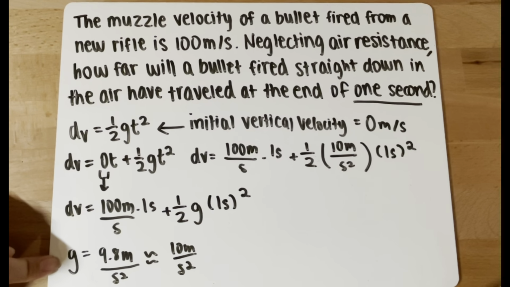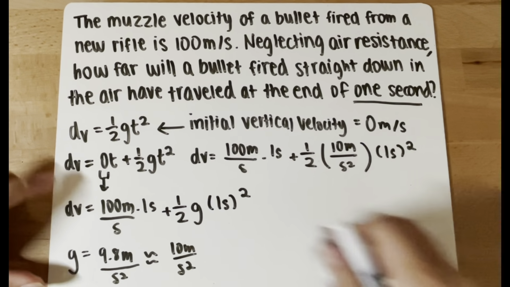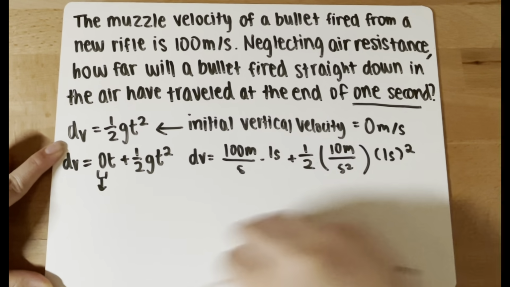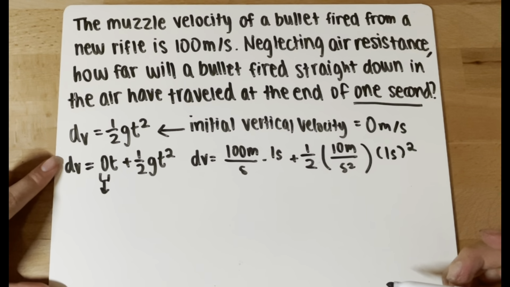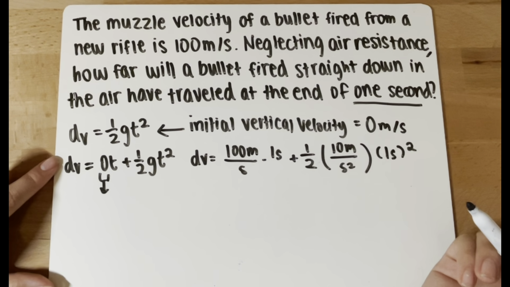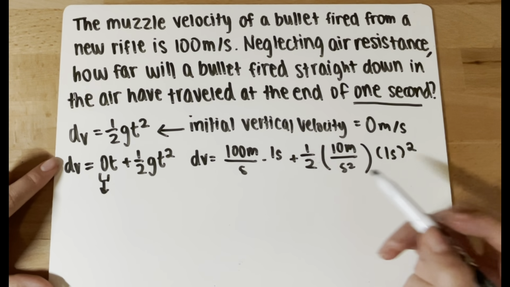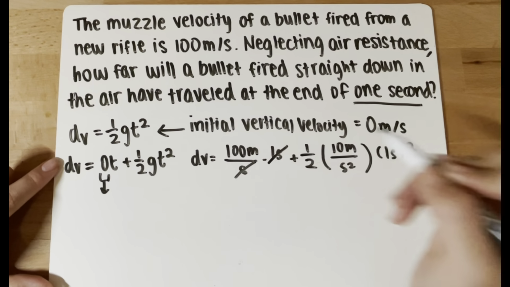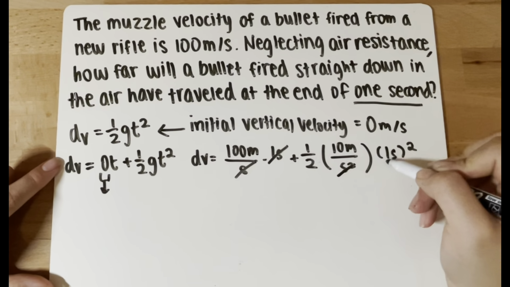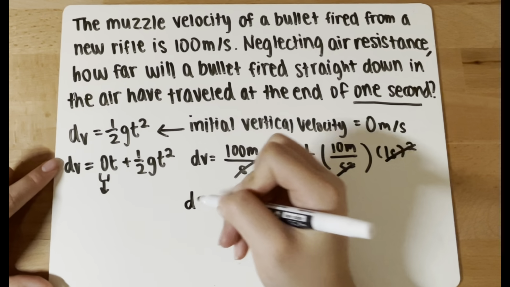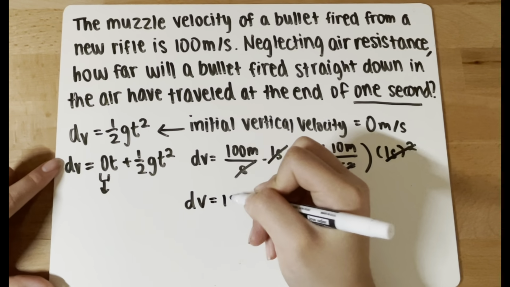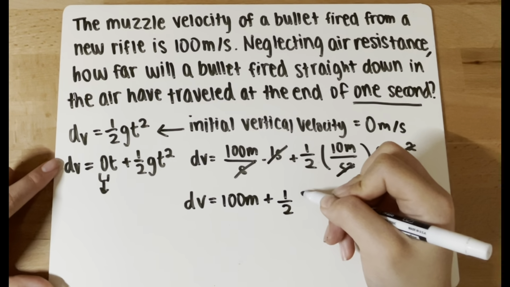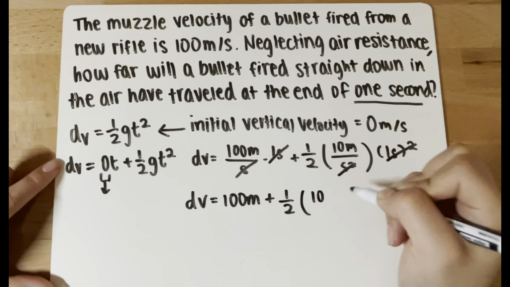And now, all we need to do left to find the distance is to solve for dv. So with this, we can cross off 1 second, cross out second squared, and now we are left with dv equals 100 meters plus 1/2 times 10 meters.